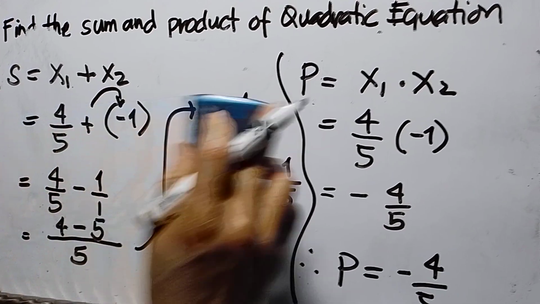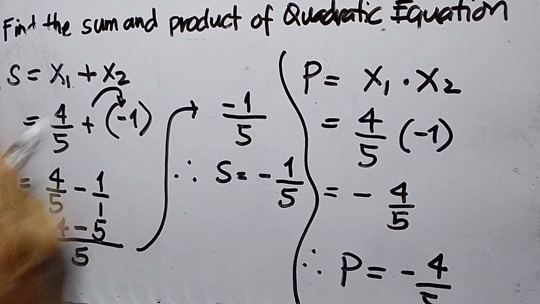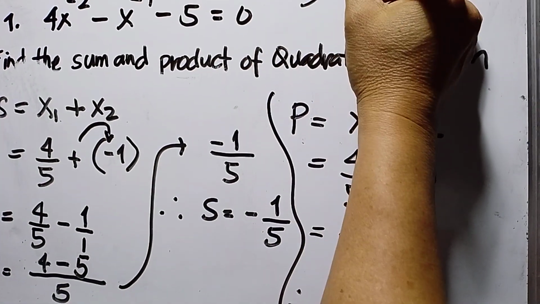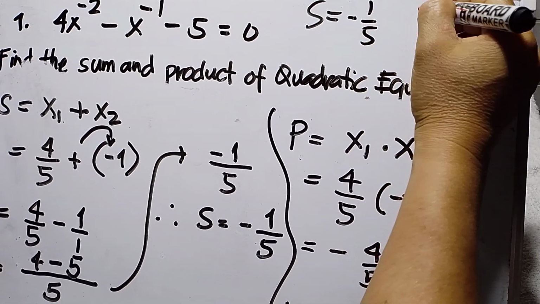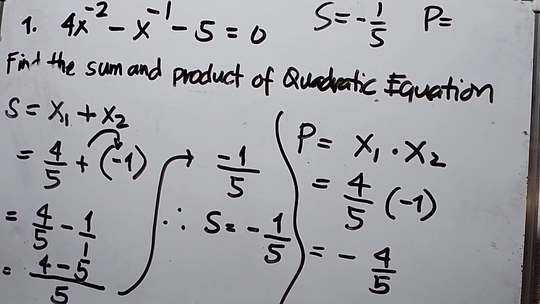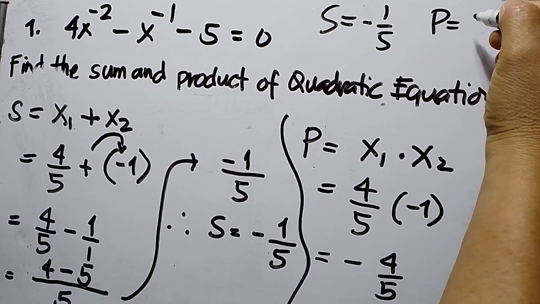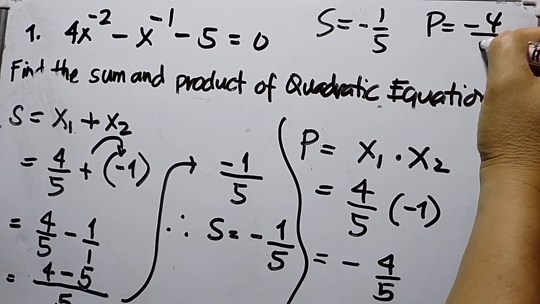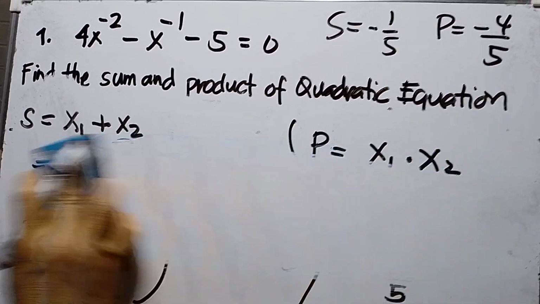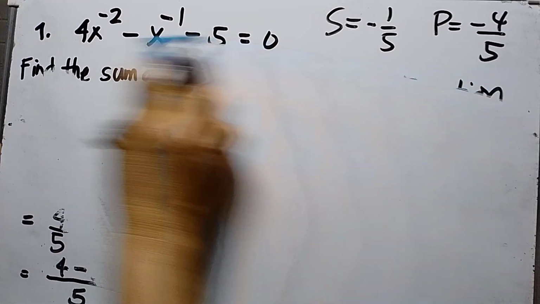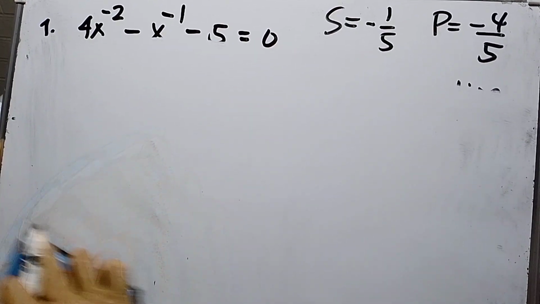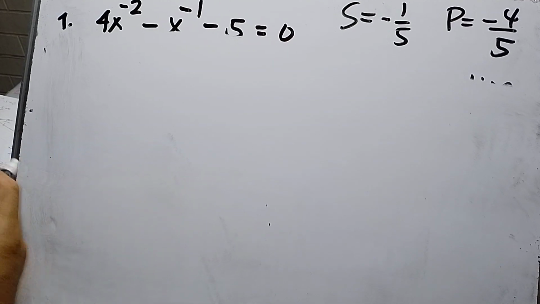Now let us check if the sum is correct. So sum is negative 1 over 5 and then P is negative 4 over 5. So there is a checking for sum and product.